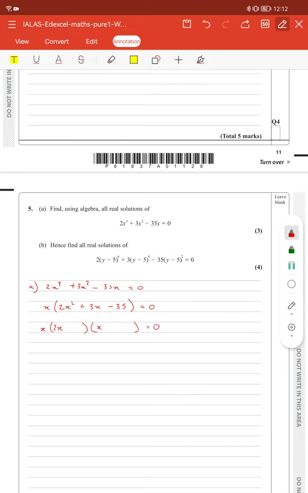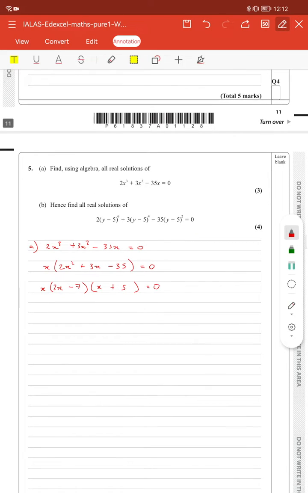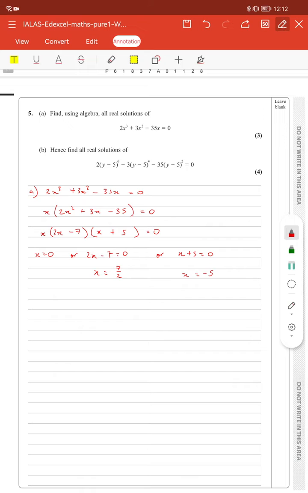And if we have 7 and 5, we can have plus 5, minus 7. So we know that either x equals 0, or 2x minus 7 equals 0, which means x equals 7 over 2, or x plus 5 equals 0, which means x equals minus 5. Those would be all the solutions.